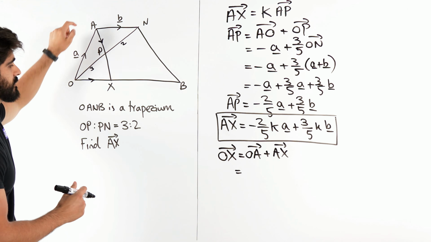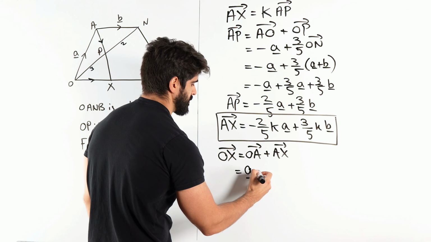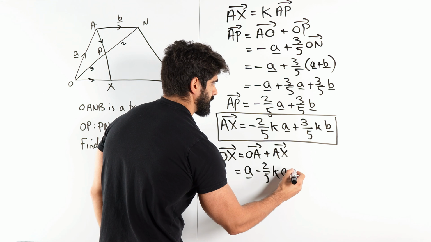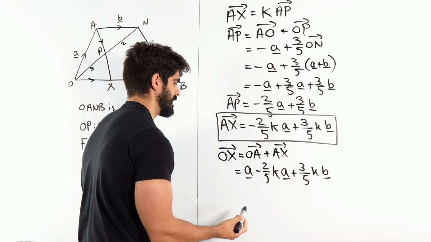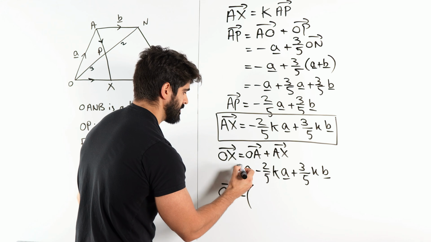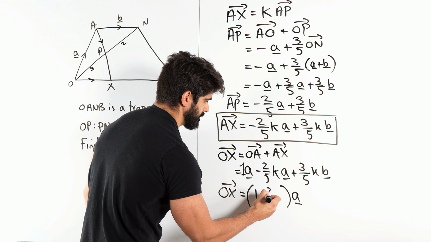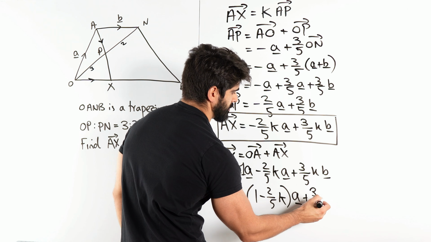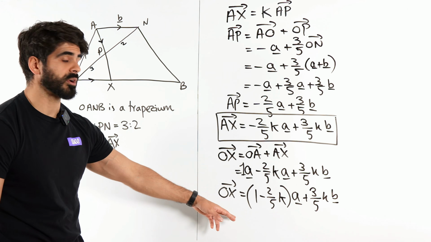Now OA is just the vector A. And then we're going to add all this. So we get minus 2/5 K A, and 3/5 K B. Factorize, so we get OX is, here we're going to get that coefficient of 1 minus 2/5 K A, and 3/5 K B. Now, what did I just tell you guys earlier?